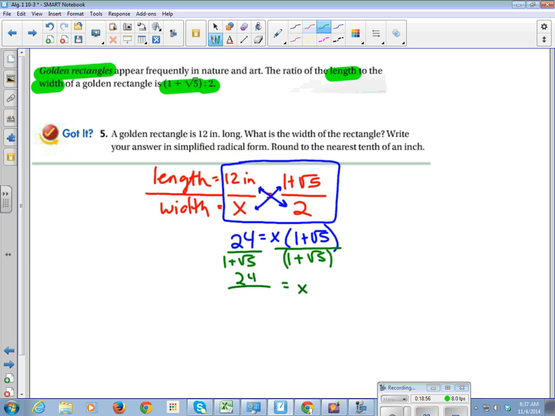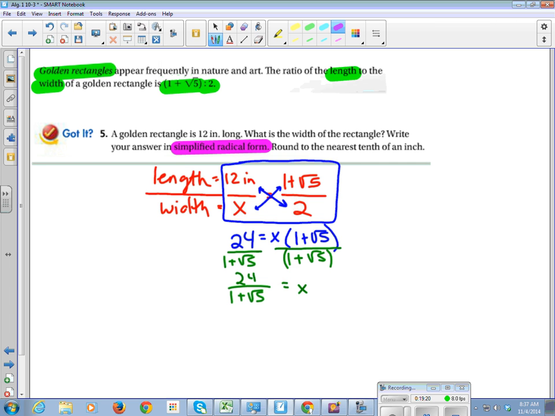Now, write your answer in simplified form. I'm looking at the directions, and we want to make sure we always follow that. Simplified radical form means I can't have any roots in the denominator, so I'm going to have to multiply by the conjugate.